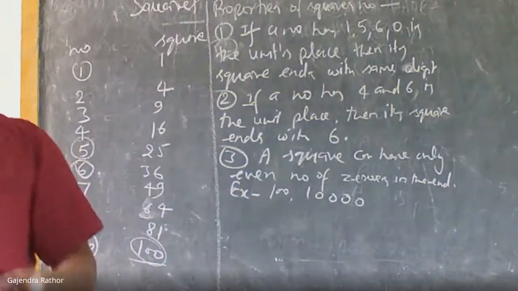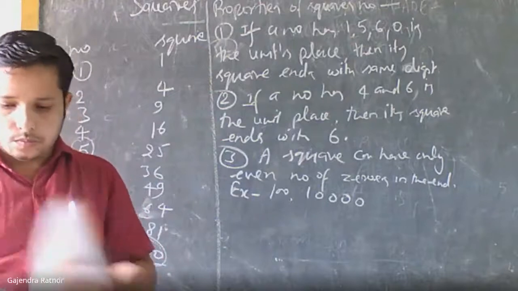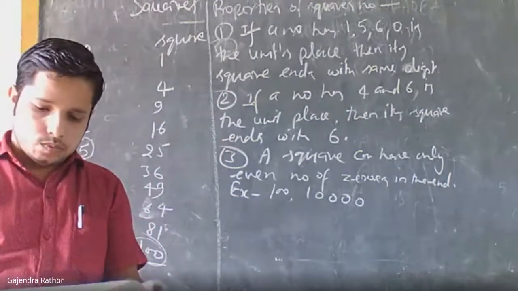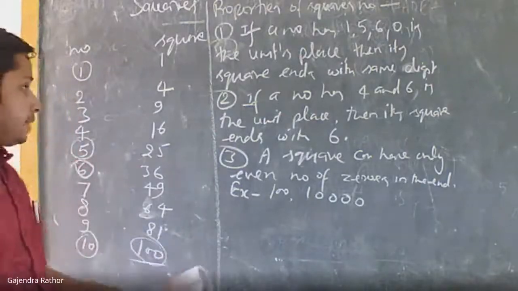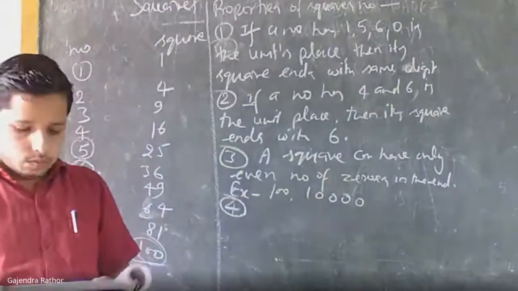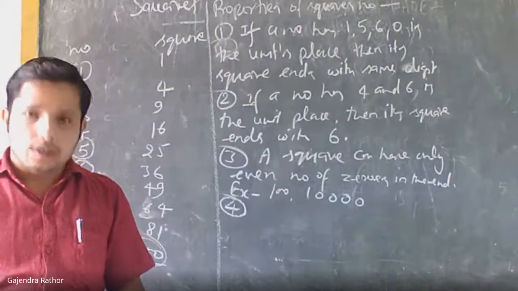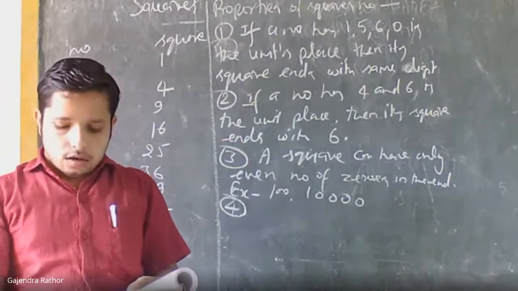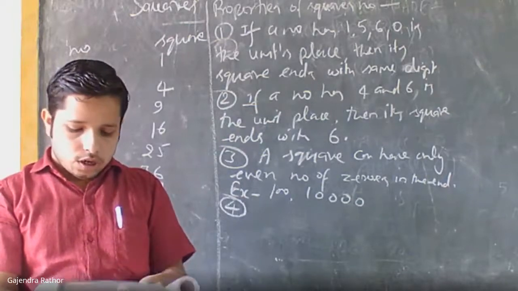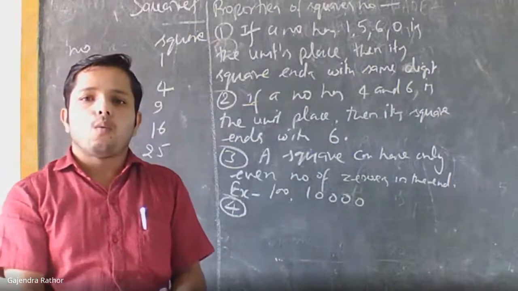Let's continue. The next is property number 4. We can say that there are 2n non-perfect square numbers between the squares of the numbers n and n plus 1.